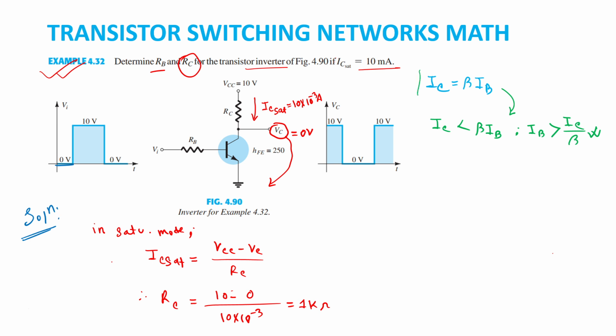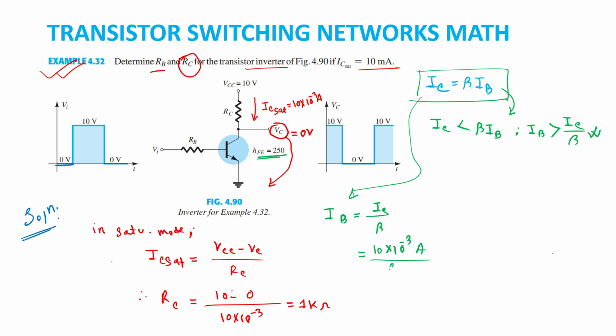So let us find the IB from the equation that we know. IB would be IC divided by beta. Beta DC is given as 250. So IB would be IC, that is 10 milliampere, that is 10 into 10 to the power minus 3 ampere, divided by beta, 250.